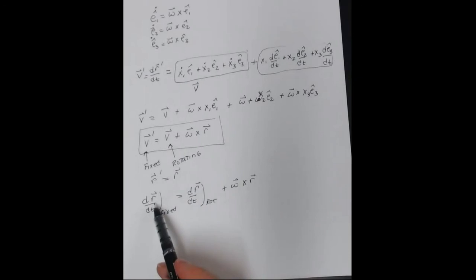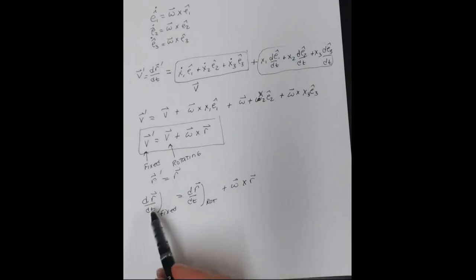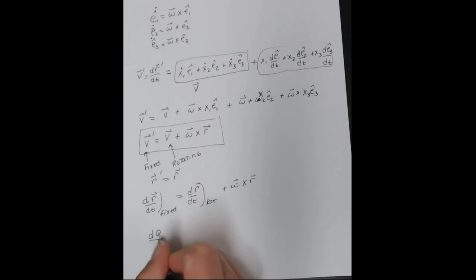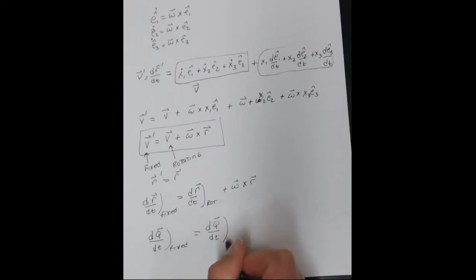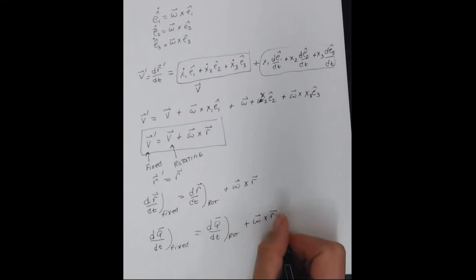Now, I have this in terms of r, but any vector that you have in the rotating frame, I could write in general dq vector dt in the fixed frame is going to be dq dt from the rotating frame plus omega crossed q.